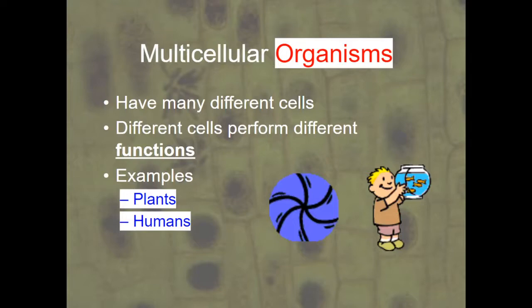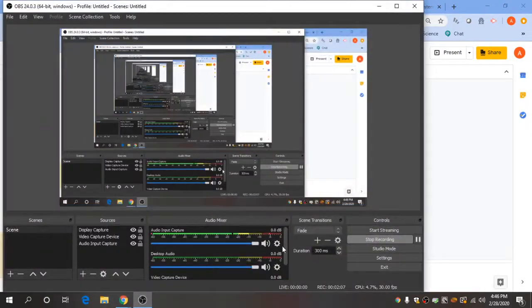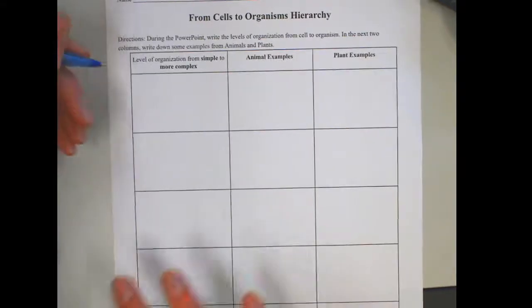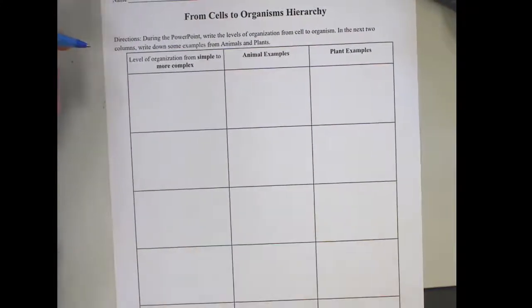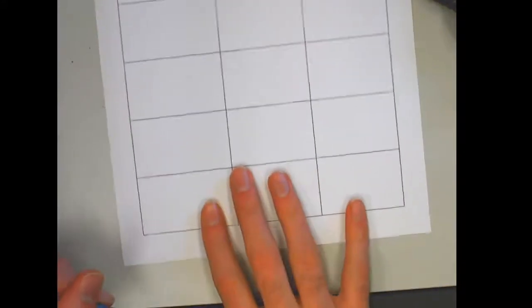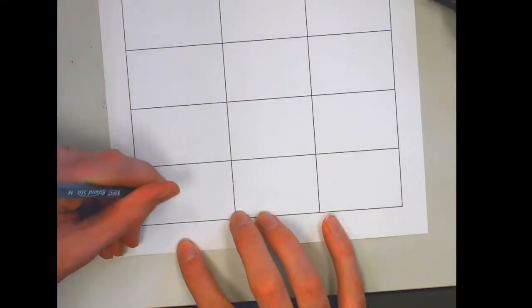So if we flip back to our paper, we've got levels of organism from simple to more complex. So we've got simple here to most complex all the way down at the bottom. Most complex would be organism.